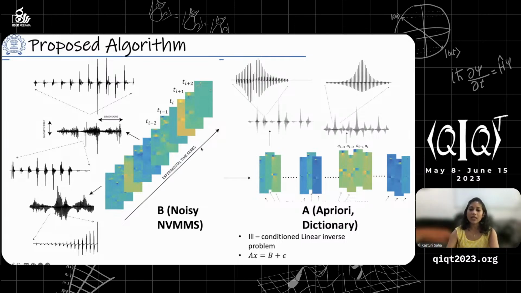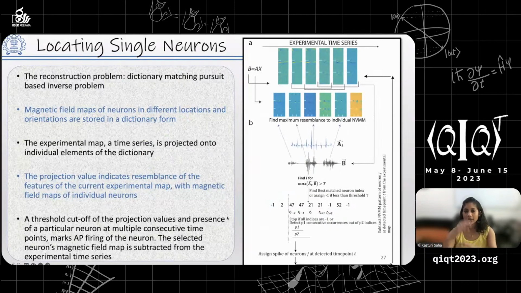And then we solve an inverse problem in a sequential manner to identify the neurons, because a certain neuronal signal will always last for about a millisecond or so. So at least three samples should subsequently match, and we set a threshold for that. We run the matching pursuit algorithm several times until we identify all the neurons.